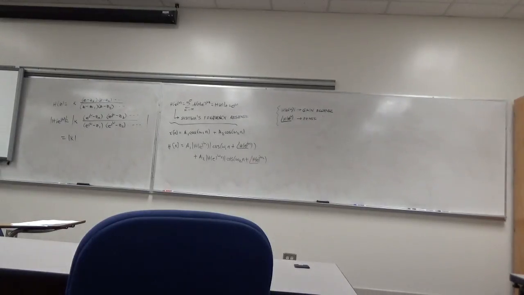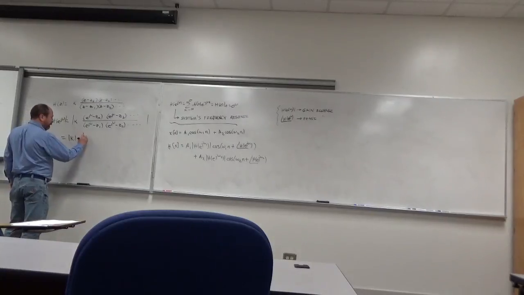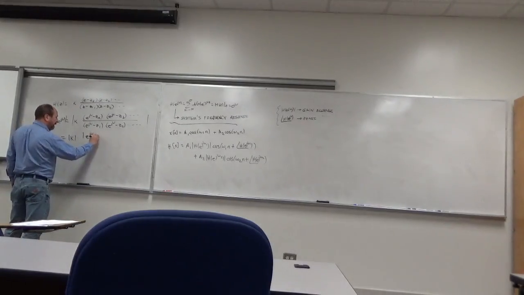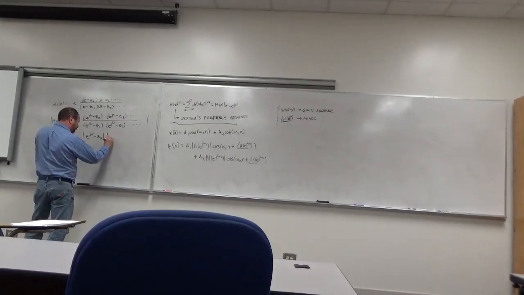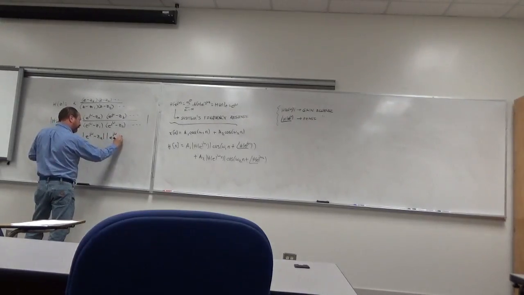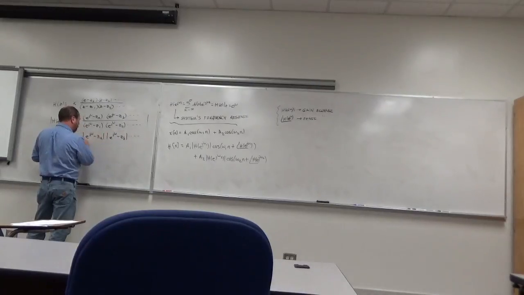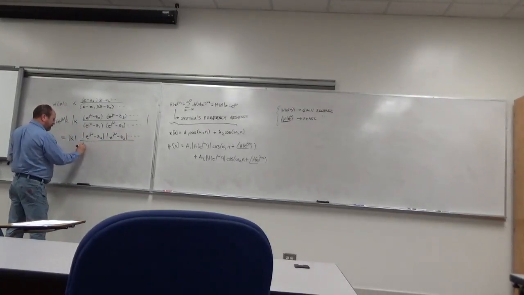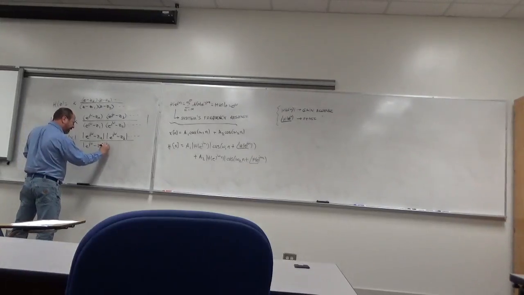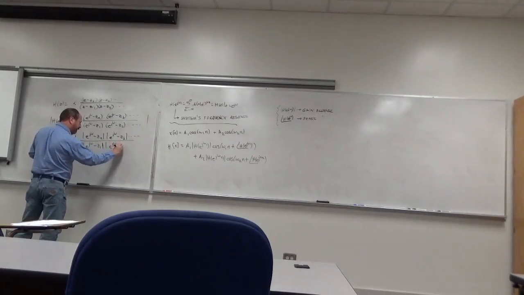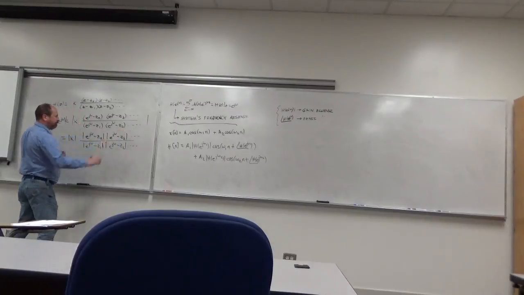Pythagorean theorem. Okay, so we'll get magnitude e to the j omega minus z sub a, magnitude e to the j omega minus z sub b, etc. Denominator, magnitude e to the j omega minus z1, magnitude e to the j omega minus z2, etc.